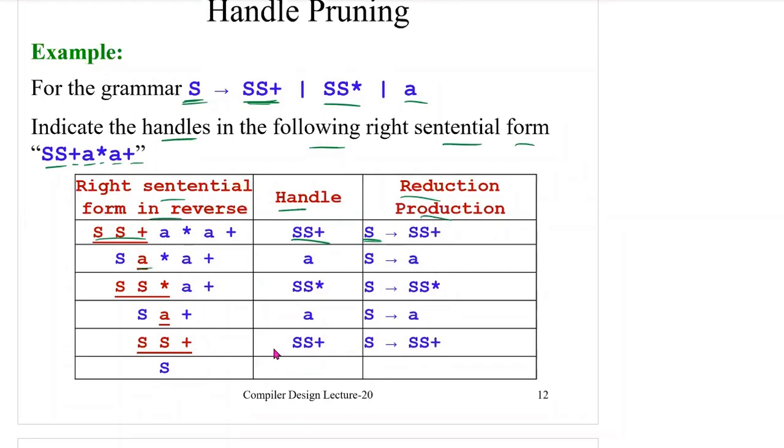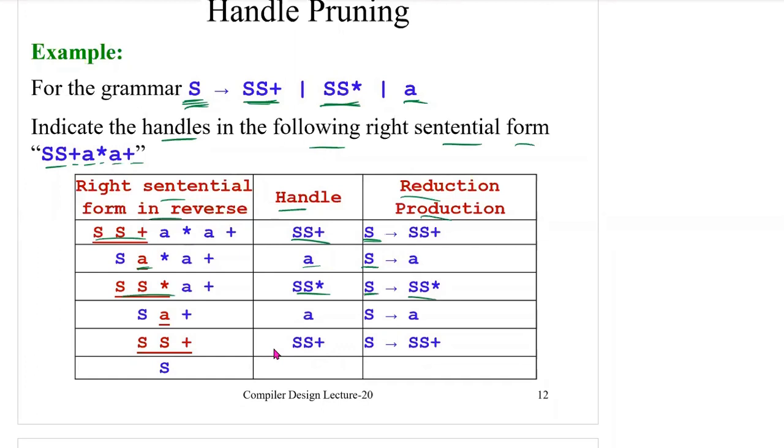Next you can see terminal a, for which again we have the reduction to capital S. Now a is the handle or reduction, substituted with capital S. Now this becomes SS into a plus. Again SS into is the handle or reduction, which is reduced to S.